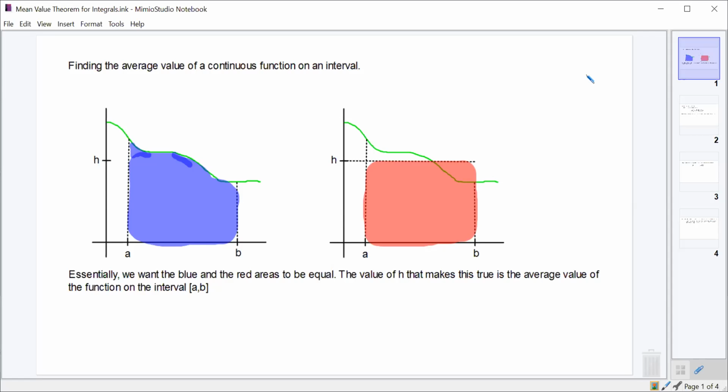And so there's a distinct difference between the average value of some points and the average value of an infinite number of those points on a continuous function. You guys see the distinction there? Yes. Oh, good.